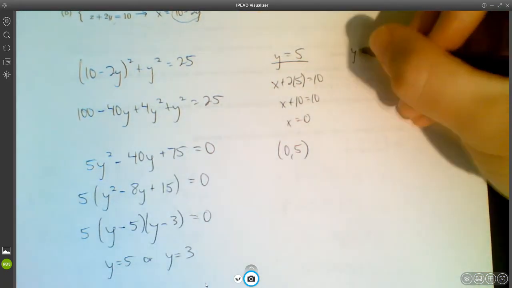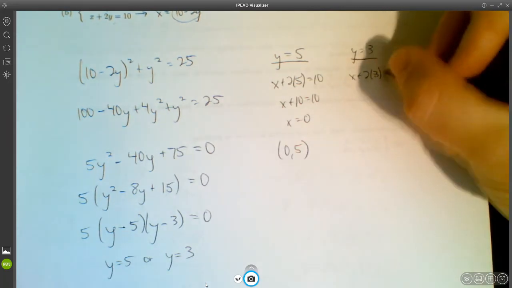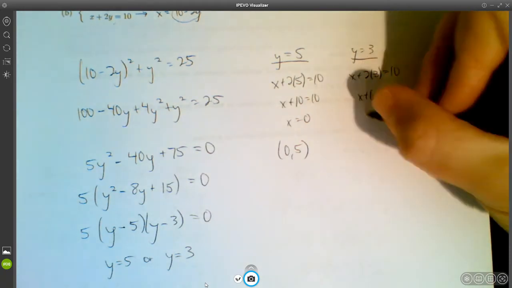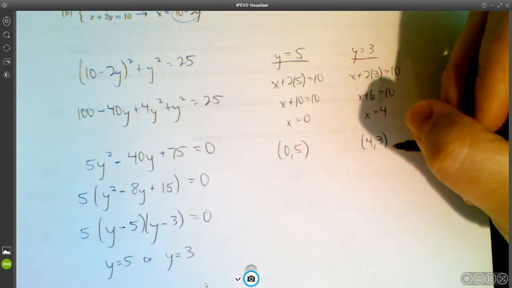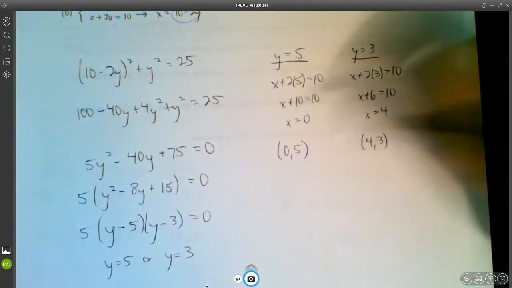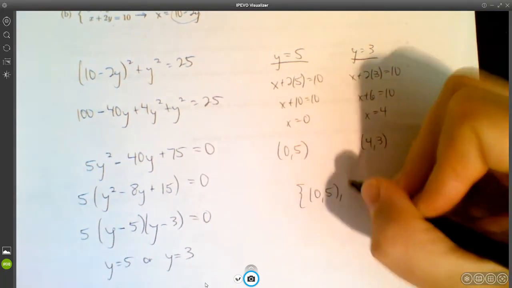If y equals 3, then x plus 2 times 3 needs to equal 10. That means x plus 6 needs to equal 10. That means x needs to be 4. So 4, 3. Okay, so my solution set looks like it's going to be made up of the points 0, 5 and 4, 3.